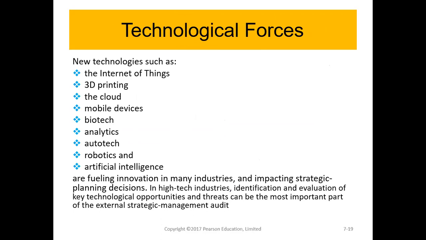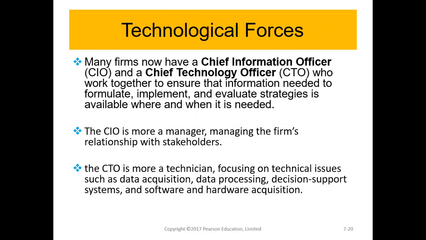So here, technological forces are very important, especially in high-tech industries. And that's why many firms have what we call a chief information officer and, at the same time, a chief technology officer. They should be working together to make sure that all the information needed to formulate, implement, and evaluate the strategies is available when it's needed.